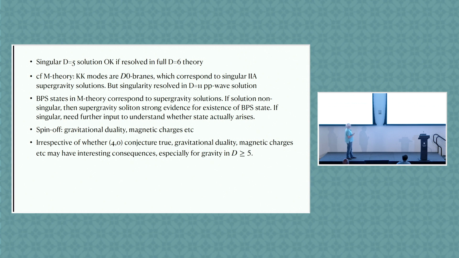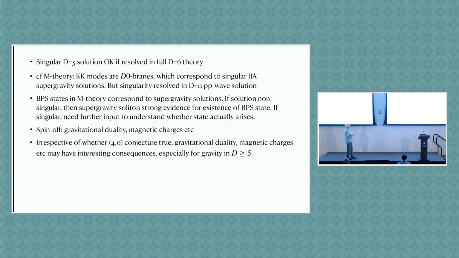So the analog with M theory is where the Kaluza-Klein modes are the D0 branes which I've just mentioned, which are singular solutions, but the singularity is resolved in 11 dimensions where these correspond to non-singular 11-dimensional solutions.